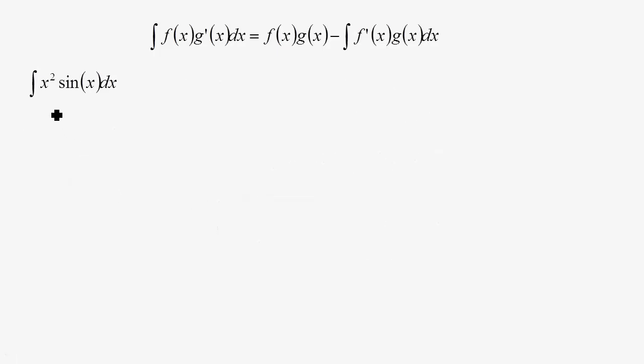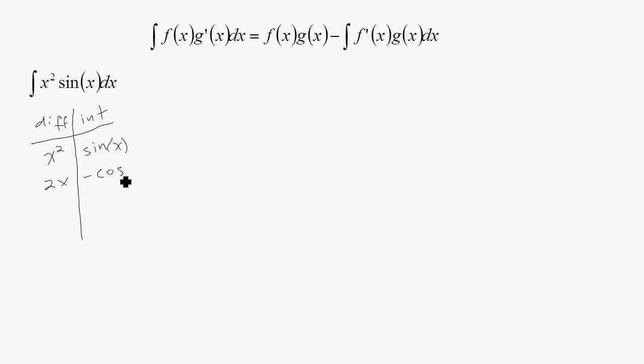Here's one that's very similar. Notice it's a little bit more complicated. Again, I'm going to have to choose a part to differentiate and a part to integrate. And if I differentiate the x squared, it will get simpler, so I'll make that choice. If I do differentiate that, I get 2x.